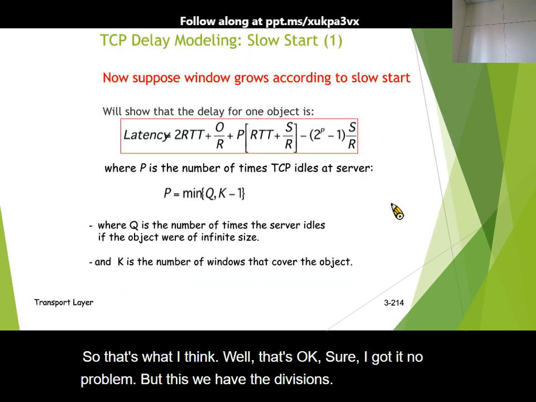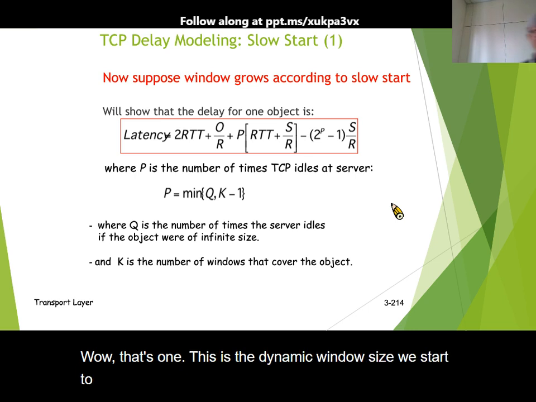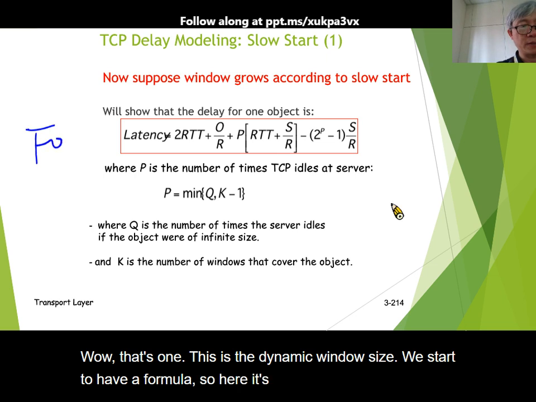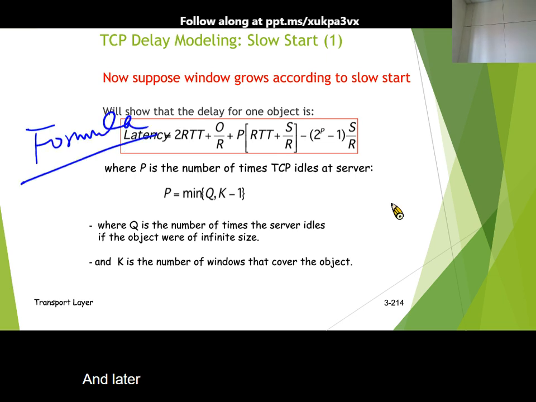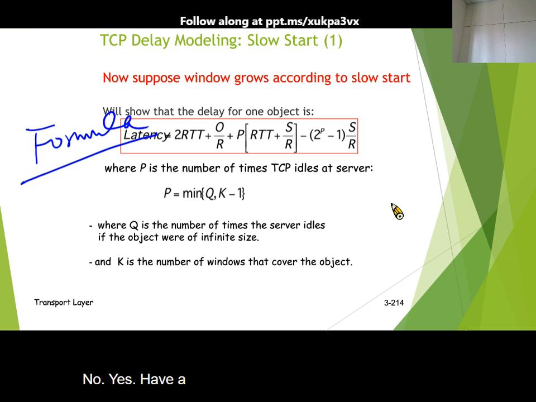Well, next one, this is the dynamic window size. We expect to have a formula. So here it's a formula. And later we want to know why we have a formula like this. And before we go, yes, take a picture for this page, and later you can check.